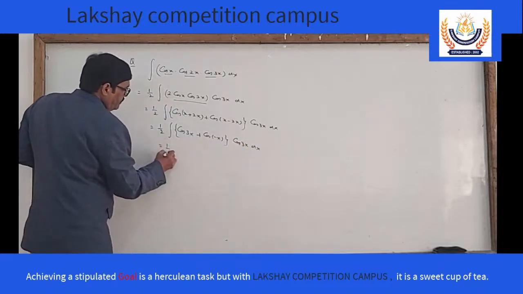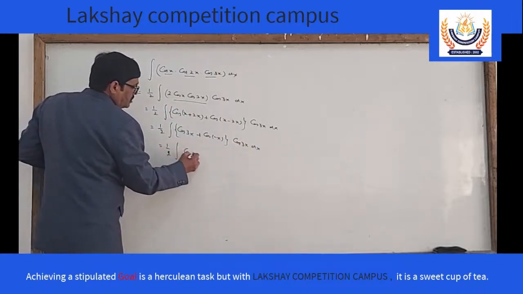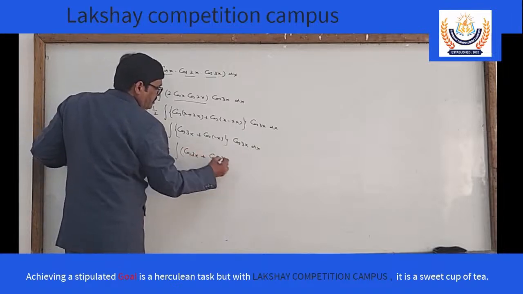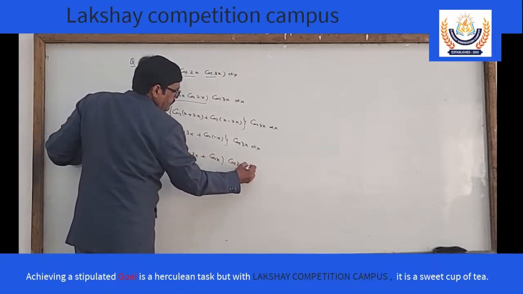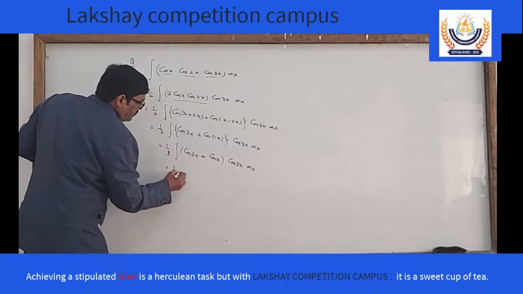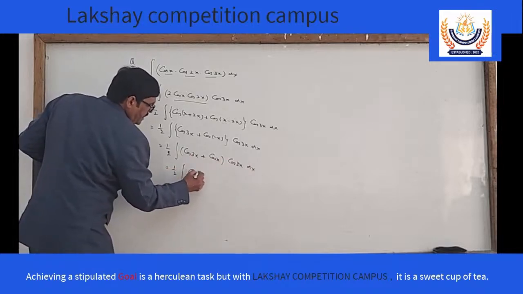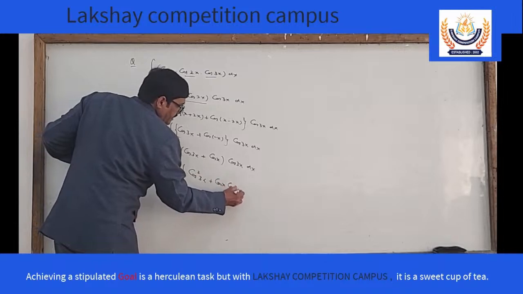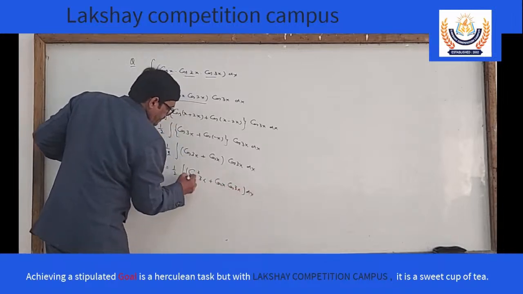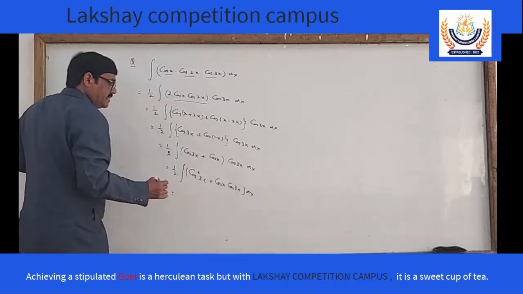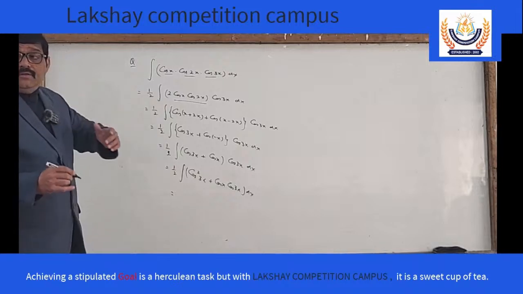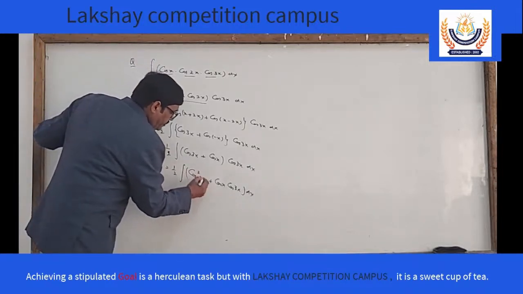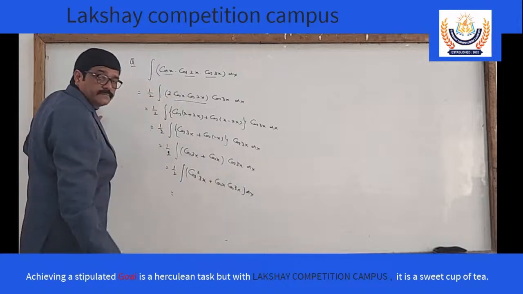Here we have cos minus theta, which is positive cos theta. So we have 1 by 2 multiplied by cos square 3x plus cos x cos 3x. Clear? Now again you convert it, because we cannot find the integration of cos in powers directly.